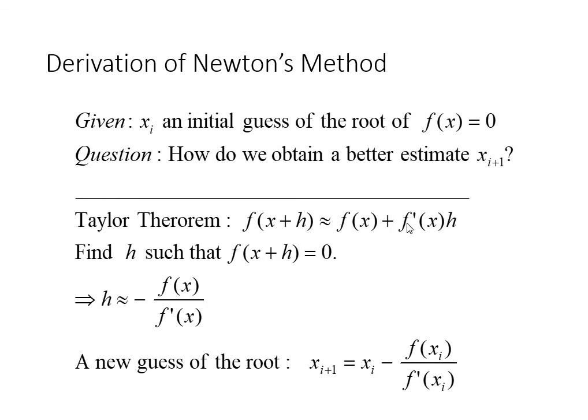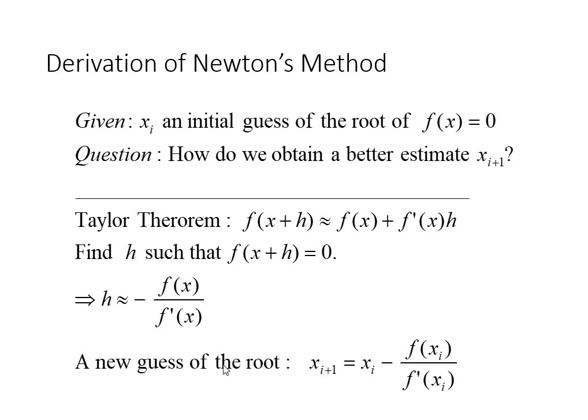From this equation, you need to find h such that the left hand side is equal to 0. If I equate this to 0, then my h will be approximately minus f over f prime of x.